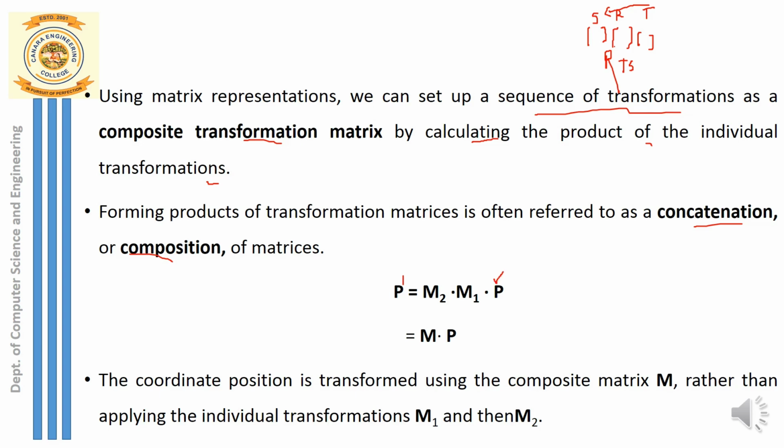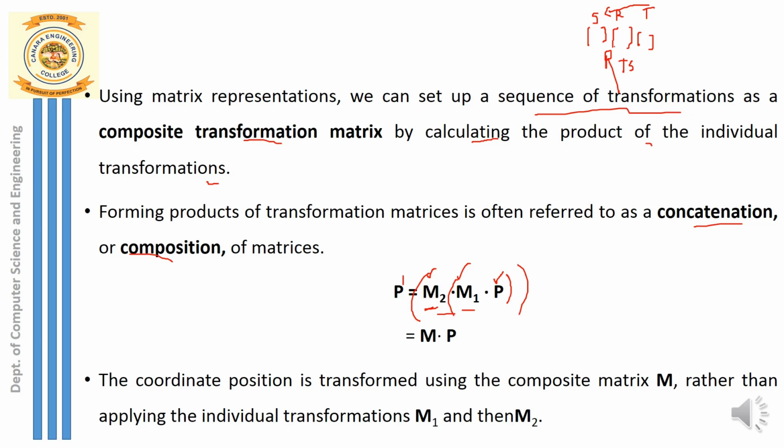A point P on which the transformation is applied, with transformations written in the form of matrices M1 and M2. First you apply M1. You multiply M1 with P and get the resultant, and that resultant you then multiply with M2. This is the order of applying transformations.